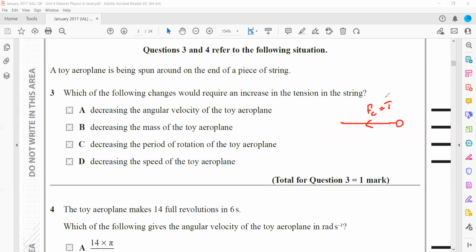And in this example, because the force is applied by a string or a wire, we call that tension. So centripetal force is equal to mv squared over r. It depends on the mass, the speed, and the radius of the circular path. We want to increase it, so either increase the mass, increase the speed, or reduce the radius.